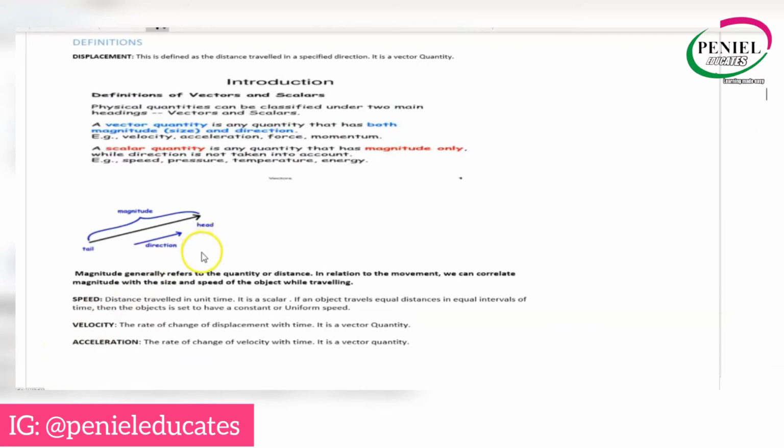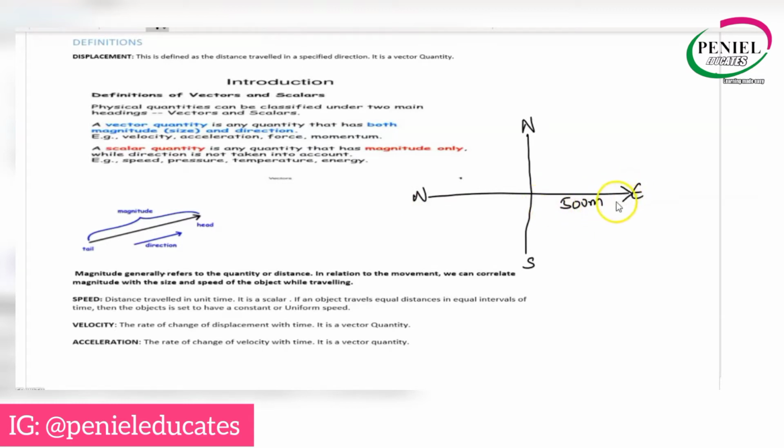Before we go to the other slide to further explain displacement, let us look at certain examples. Imagine we have somebody walking 500 meters to the east. We have our north, south, east, and west.